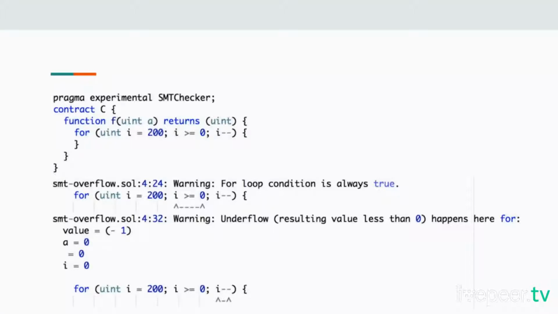No, that's the pre-state. So if we start with i, and we decrement it, we're going to end up with -1. But that means the end result is also going to be 0, because it's an unsigned number. We cannot really go anywhere. So it would just tell you all these tiny details.